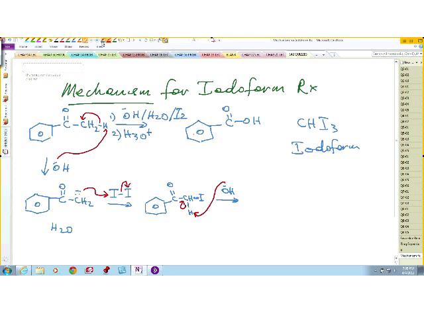So we form another enolate. Now, once you form that enolate, that now attacks another molecule of iodine. Now you form this other intermediate.